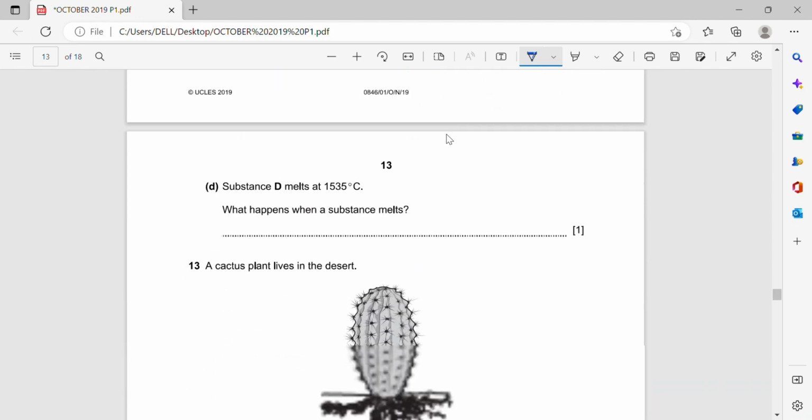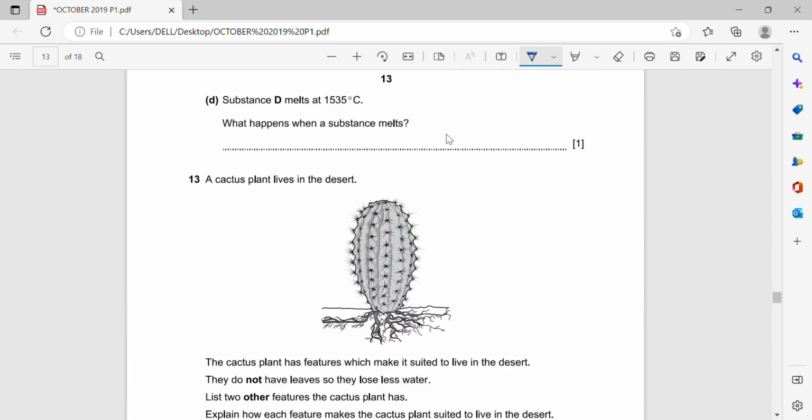Okay, next question. Substance D melts at 1535 degrees Celsius. What happens when a substance melts? What does melting mean? Melting means changing from which state to which state? Great, from solid to liquid.